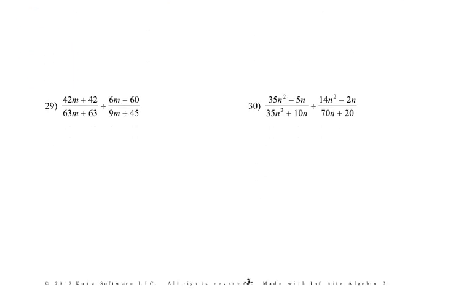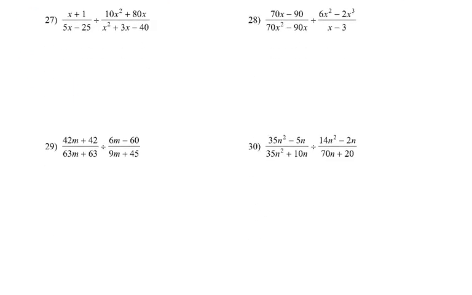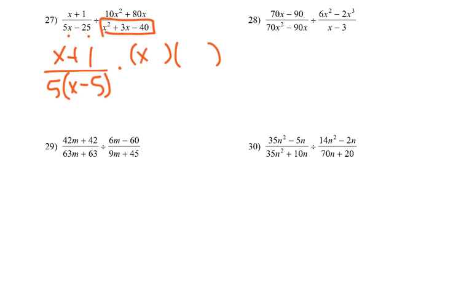Alright, now the last 4 are all division problems. So, and I'm running out of time, trying to keep this under a half hour, so I'm going to go kind of quick on some of these. So, 5x and 25, we can pull out a 5, x plus 1 over 5 times x minus 5 times, then this goes on top, whatever we factor it to, and we get x.